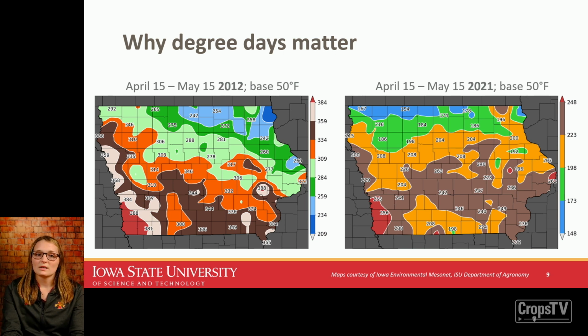So as you can see in these maps, in 2012 on the left, much of the state had already reached that 300 degree day benchmark for black cutworm, where they would be large enough to cut corn plants and cause injury in cornfields. Whereas in 2021, so last year, nowhere within Iowa had reached that benchmark yet.